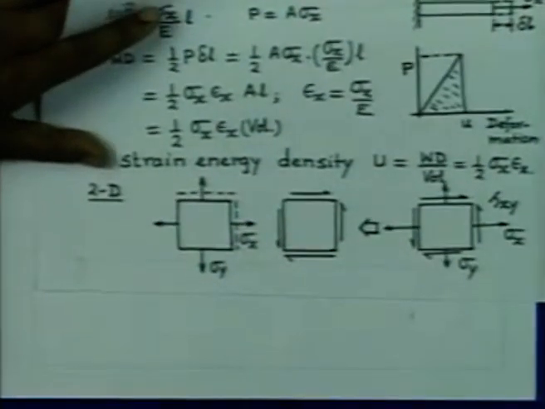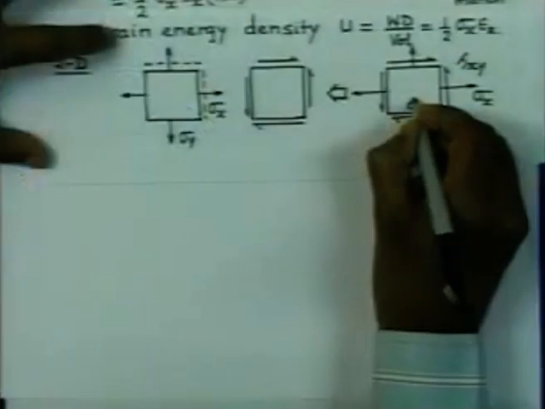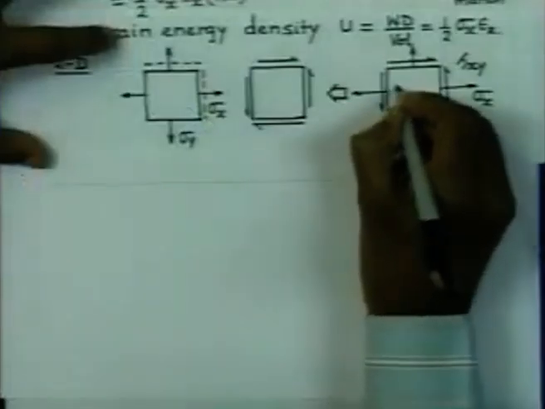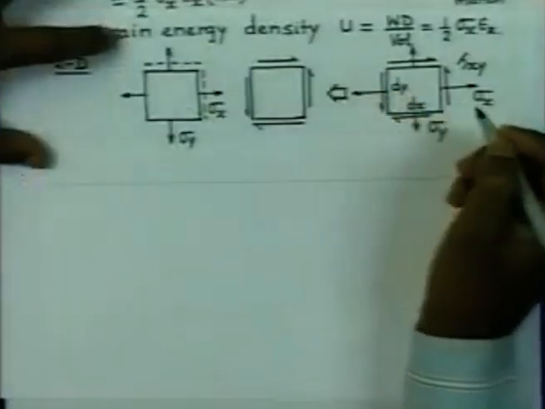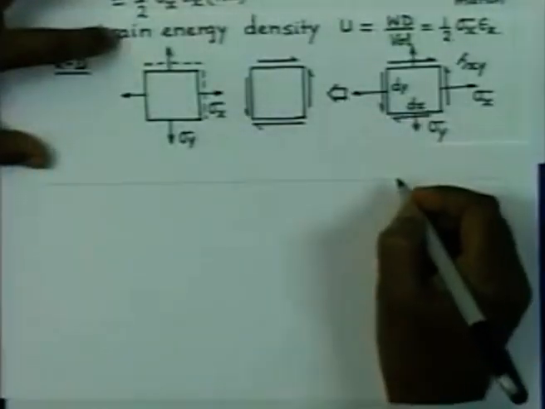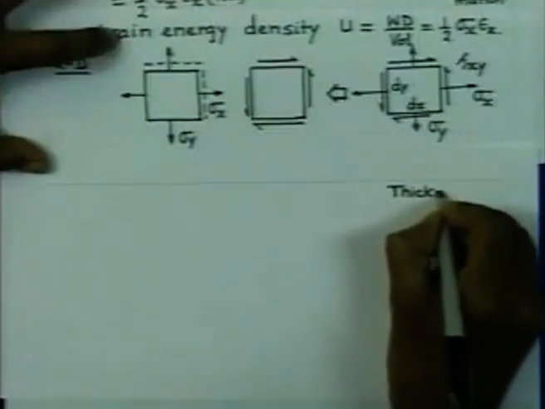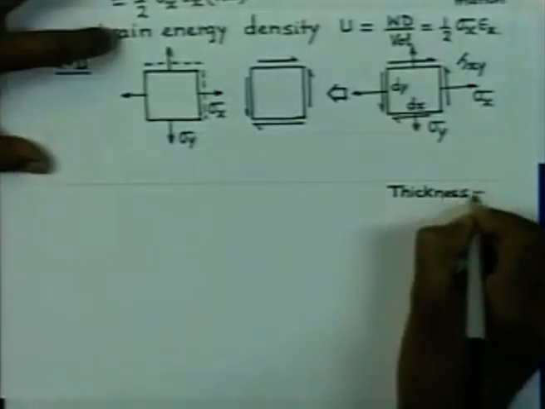So, if you would like to calculate the energy now, let us consider that this dimension is equal to dx, this is dy, and the thickness, let us say the thickness is uniform for this element, is equal to T.